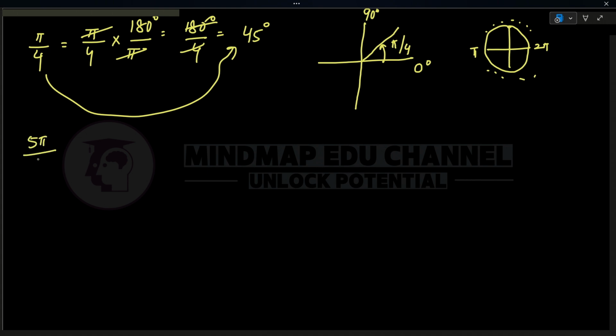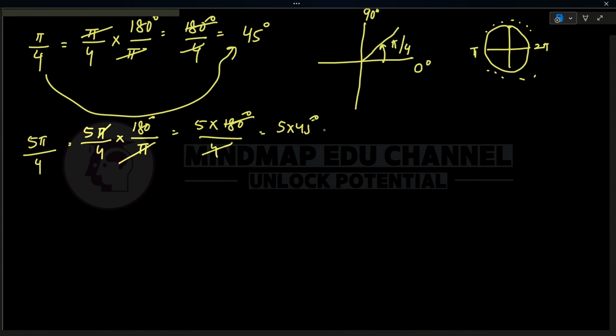Let's do one more example. Graph 5π/4 in standard position. So let's convert this into degrees first. 5π/4, because I need to cancel this π, I will write π down so that it gets cancelled and 180 will go up. And I am left with 5 into 180 degrees over 4. So after reducing this, it will be 5 into 45 degrees and I get 225 degrees.